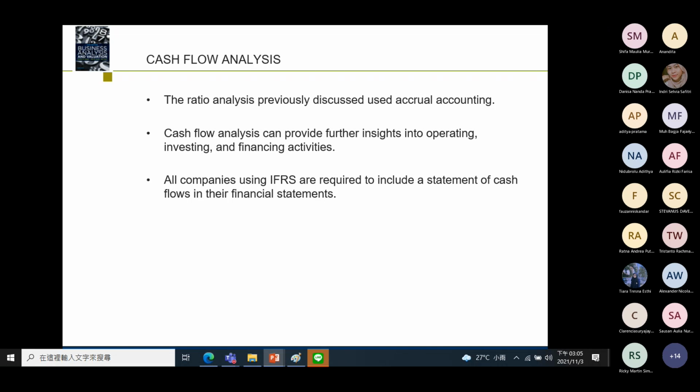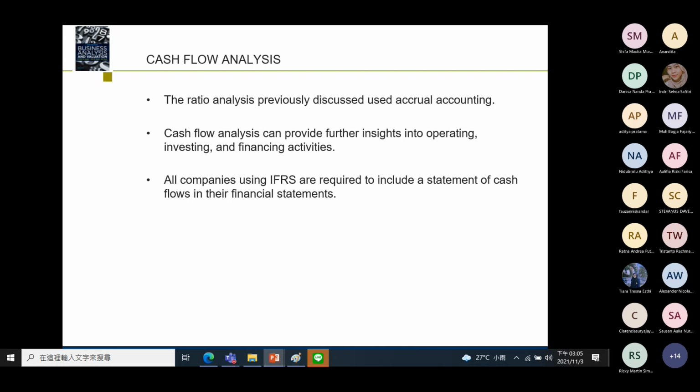Cash flow related to financing activities shows the cash raised from the firm's shareholders and debt holders. Firms use two cash flow statement formats, the direct format and the indirect format. The key difference between the two formats is the way they report cash flow from operating activities.